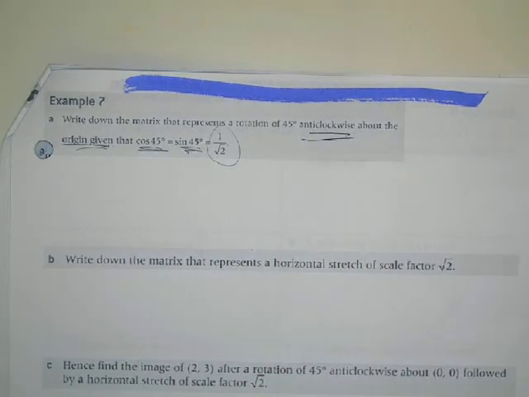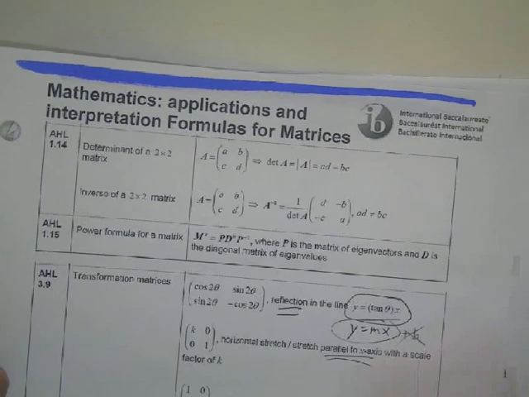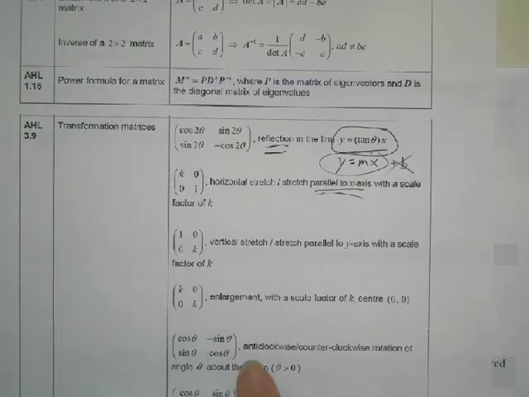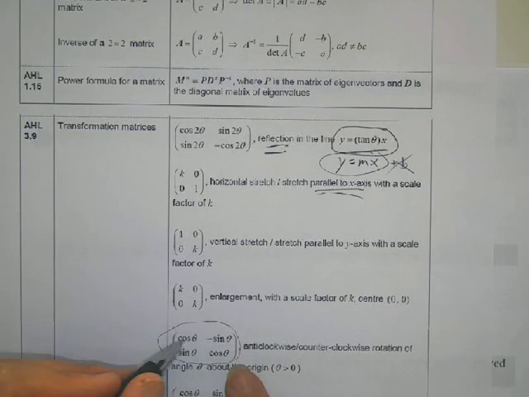So if I look at my formula sheet, a rotation anti-clockwise is going to use this: cosine theta, negative sine theta, sine theta, cosine theta.